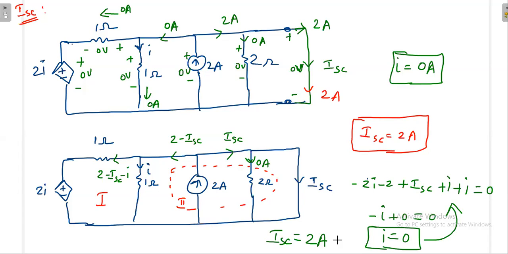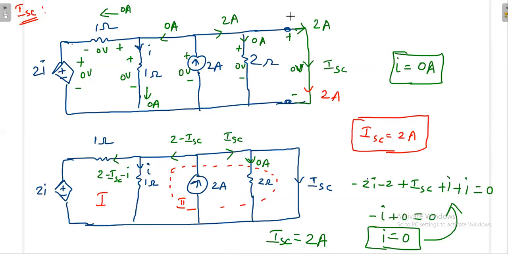Or otherwise you can go by nodal also. You can apply nodal equations. Just try it out. When you apply the nodal, what voltage do you have to take? Again, some confusion will come because here everything is 0. Anyway, I got ISC and V Thevenin, so simply I can take the ratio.